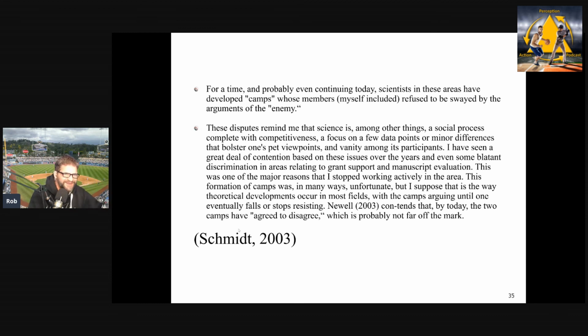People start to get personality comes out and gets contentious. He talks about how he thinks it affected his ability to get grants and publish, and how it actually made him move away from this area. Okay. And he ends with, "Newell contends that by today, the two camps have agreed to disagree, which is probably not far off the mark," right?